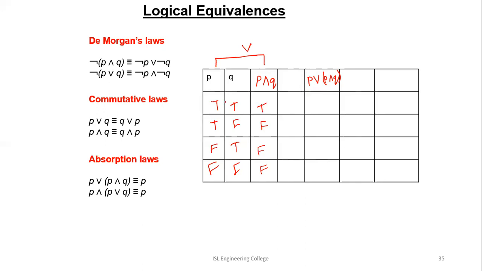To perform OR, we have to remember that if one of them is true, then true. So true, true, false, false. This is equivalent to P. The same way you can prove the other one.